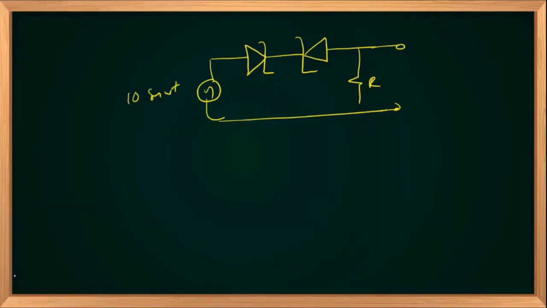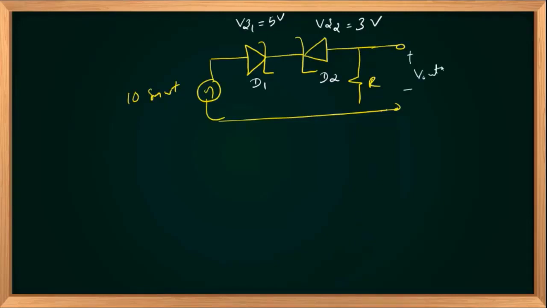I will assign unequal breakdown values. VZ1 is equal to 5 volts. VZ2 is equal to, let us take, 3 volts. This is my diode 1, diode 2, and this is my output voltage.